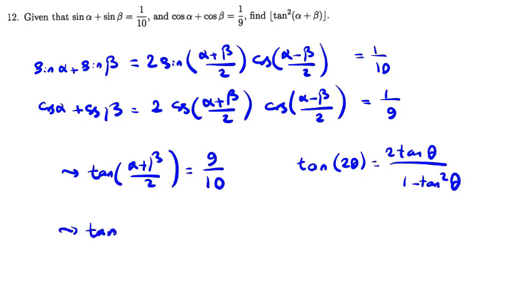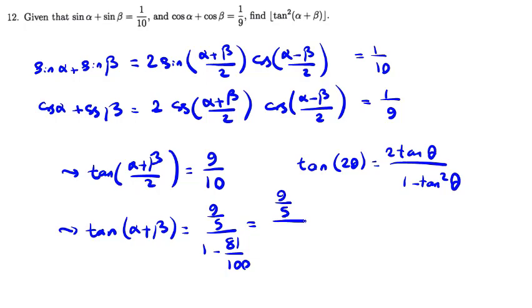So tangent of alpha plus beta is 2 times 9 over 10, over 1 minus 9 over 10 squared. If we simplify, 100 minus 81 is 19 over 100, so it is 9 times 20, which is 180 over 19.